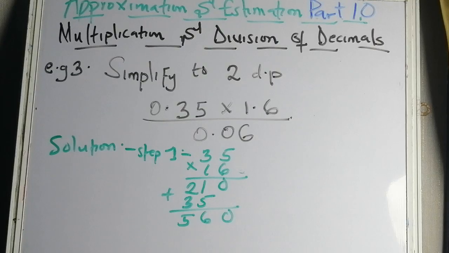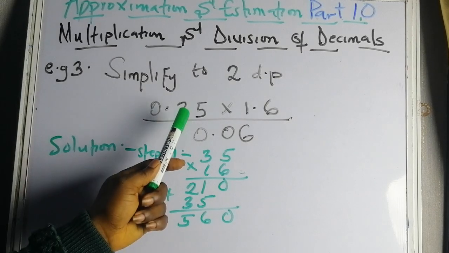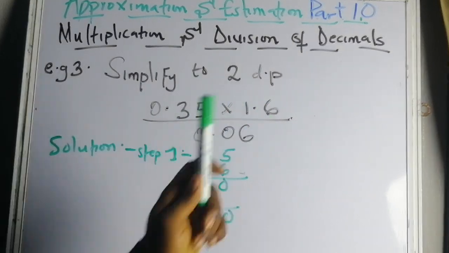So the next thing you need to do is count the number of decimal places that we have in the numerator. Number of decimal places, that is 1, 2, 3.